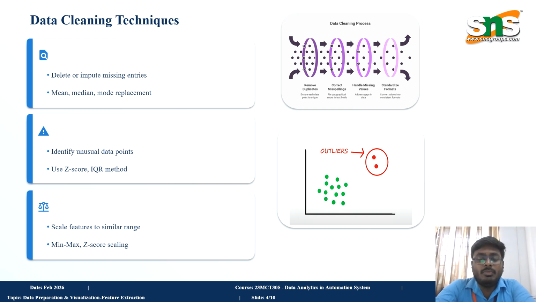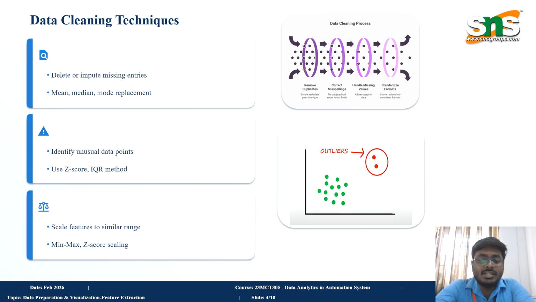This core data cleaning technique is the core part of the preparation. For missing entries, you can delete them if they are not critical or impute them using mean, median, or mode replacement. For instance, you have a dataset of temperature and one reading is missing. Replacing it with the average might make sense.